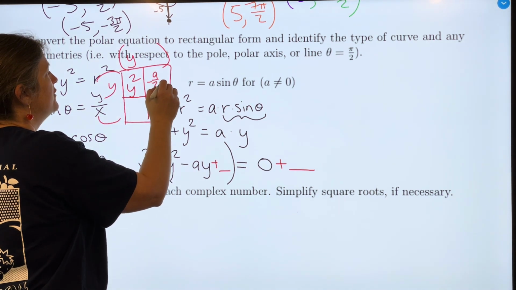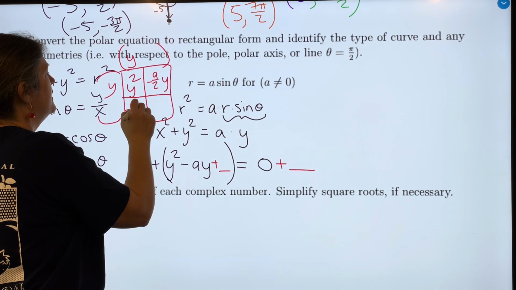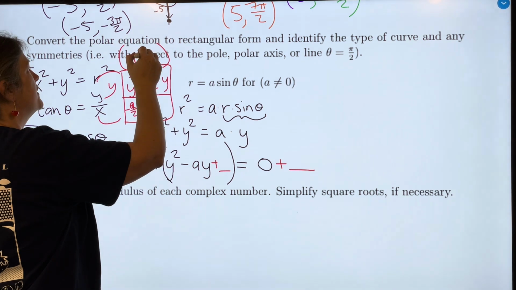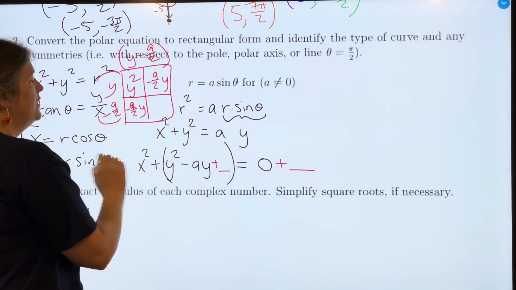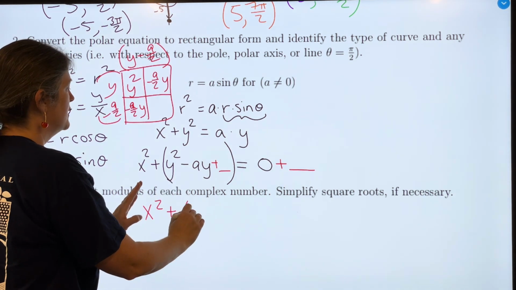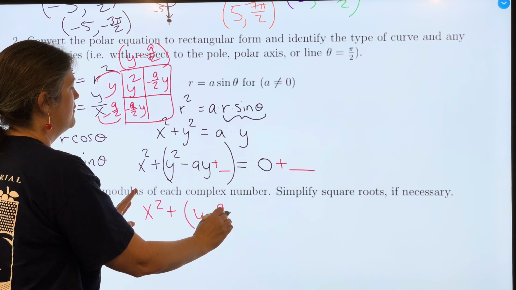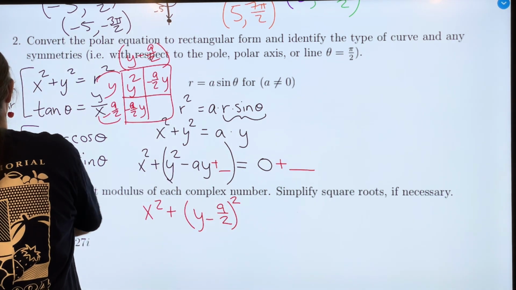I want negative a over 2 y here and negative a over 2, that's an a, y here. So this is minus a over 2, this is minus a over 2, and this whole thing can be rewritten as x squared plus y minus a over 2 squared once I complete it.